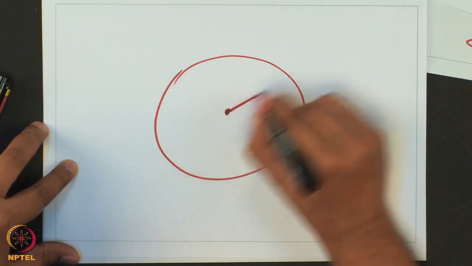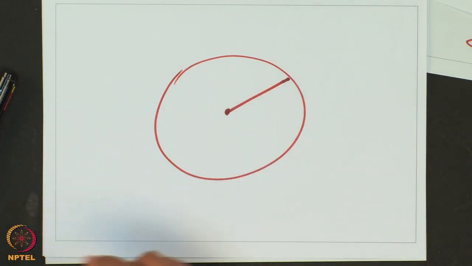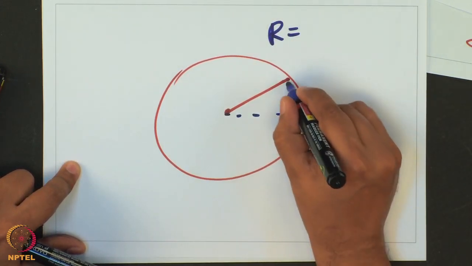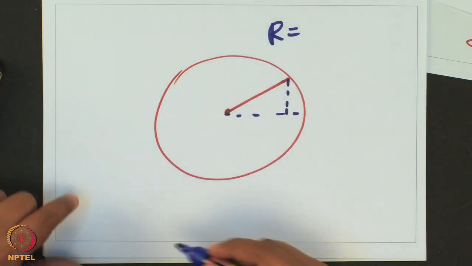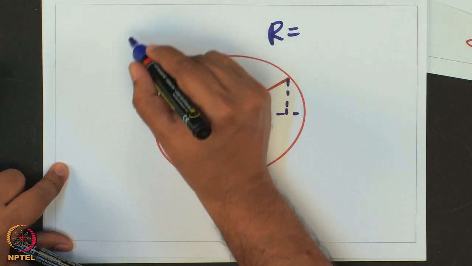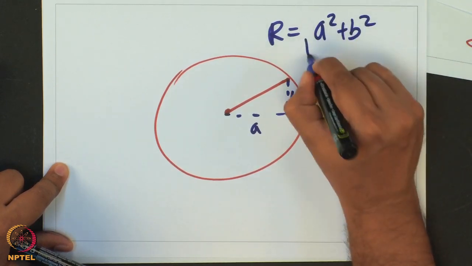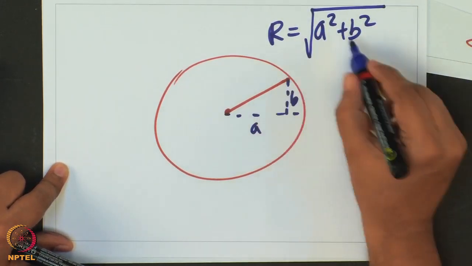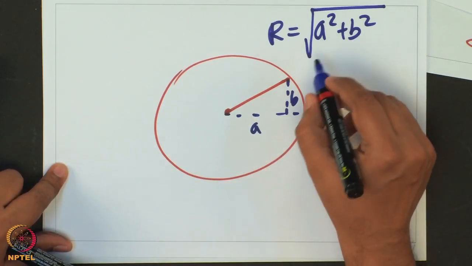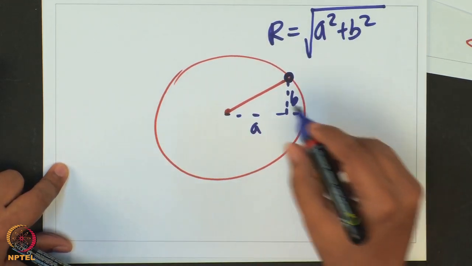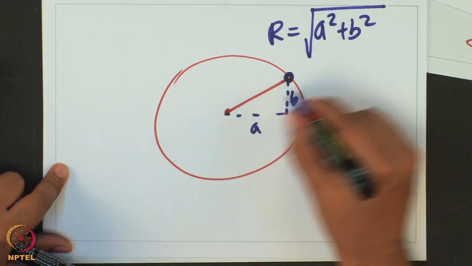So what we have is a circle and the radius of the circle r, and if this is my a and this is my b, if I have an xy coordinate system, whatever that coordinate system may be, wherever it is, if this is a and this is b, square root of a square plus b square will be my radius, and therefore the vector I represent, this quantity, will be equal to the radius of it, and this point here will be r distance away from the origin.